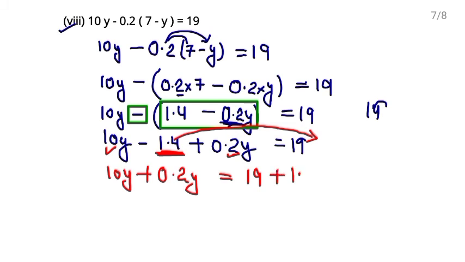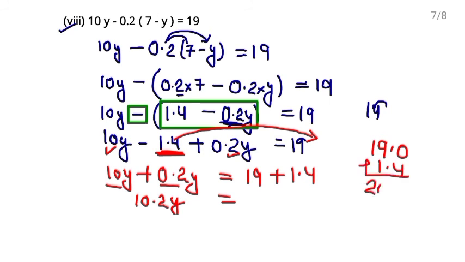So this will be plus 1.4. 10 plus 0.2 will be 10.2y. And this 19 plus 1.4 will be, आपको पता है ना डेसिमल को कैसे ऐड करते हैं, लाइक डेसिमल बनाकर, 1.4 है ना. So this will become 20.4.